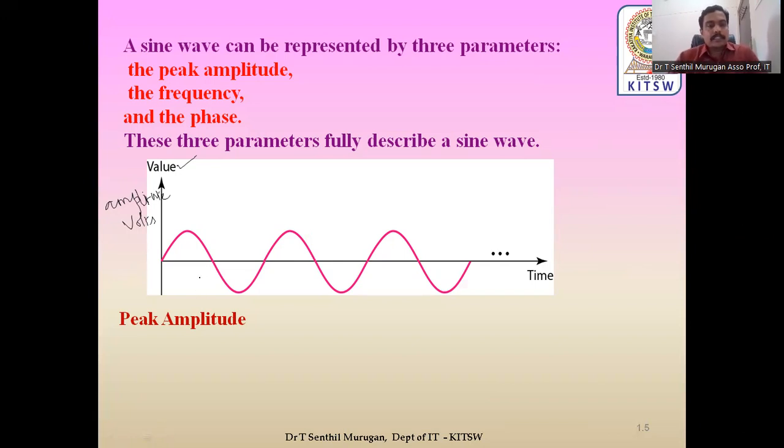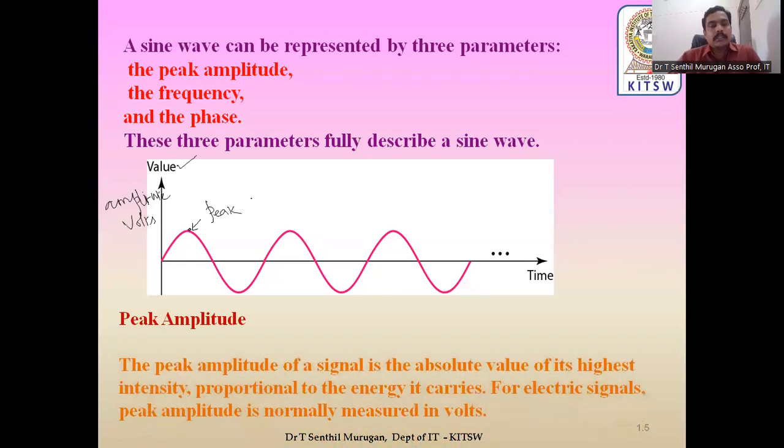The next one, highest amplitude. In this wave, this is the highest point, and this point is represented as the peak amplitude. Just remember that the peak amplitude means the absolute value of its highest intensity. It is proportional to the energy it carries.